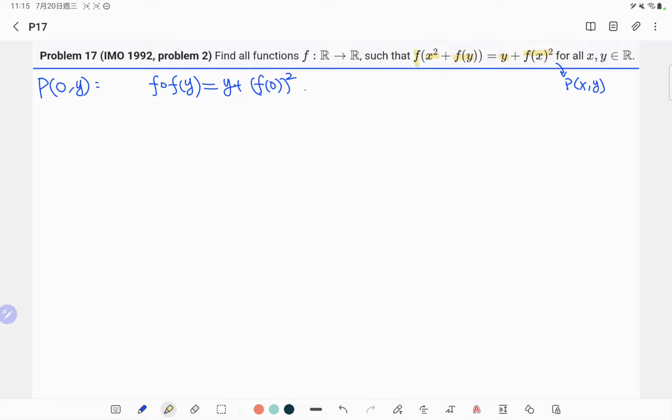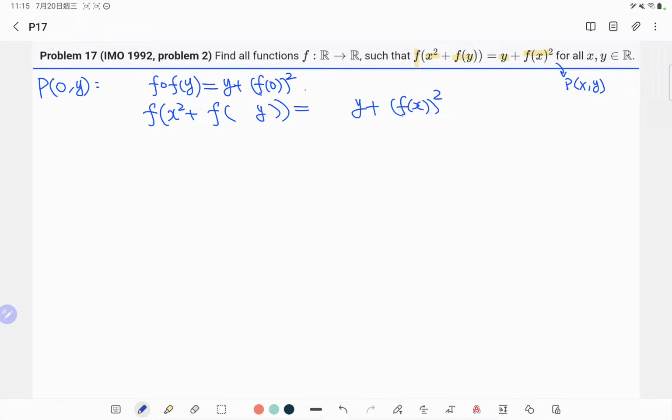We take f on the left side, but we don't take f on the right side. So let's see whether we can take f on both sides, and then use the left side to simplify the right side. Let's write it out: f(x² + f(y)) = y + (f(x))².